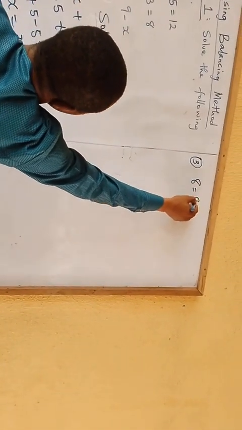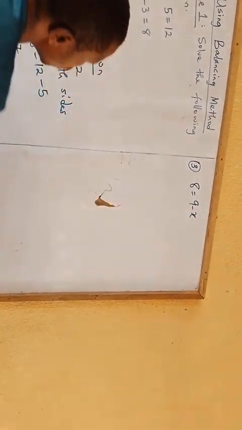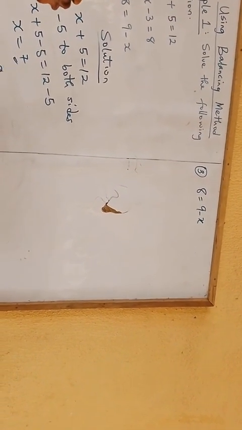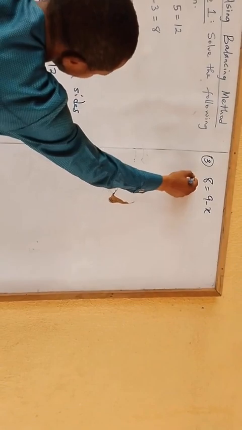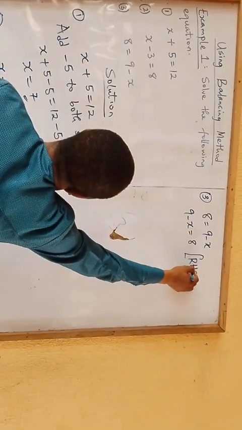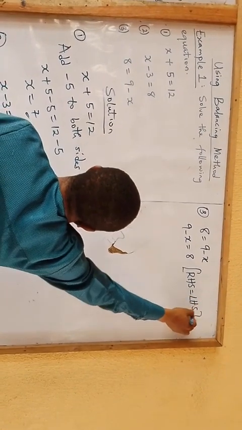This is the solution to the third question. We have 8 is equals to 9 minus x. Don't forget, in an equation, right hand side is also equivalent to left hand side. So I have 9 minus x is equals to 8. How do I know that? Right hand side is equals to left hand side.